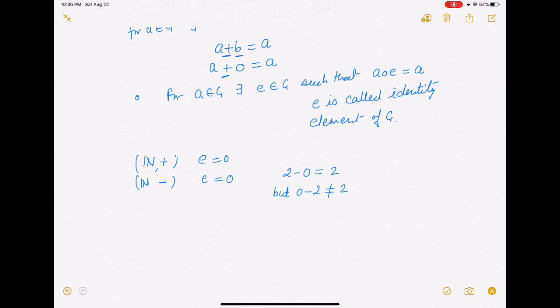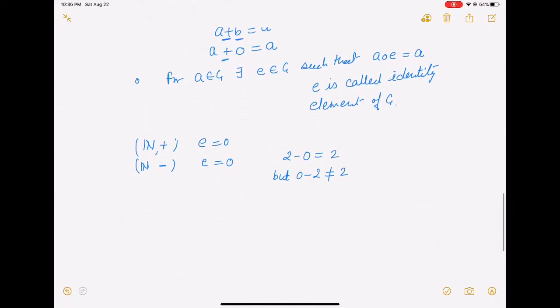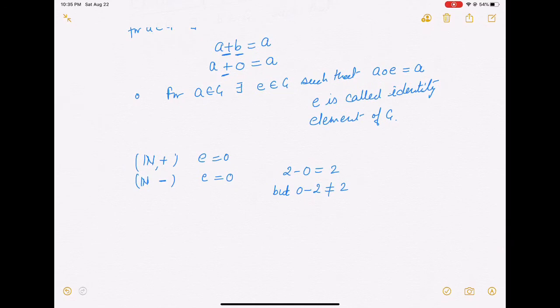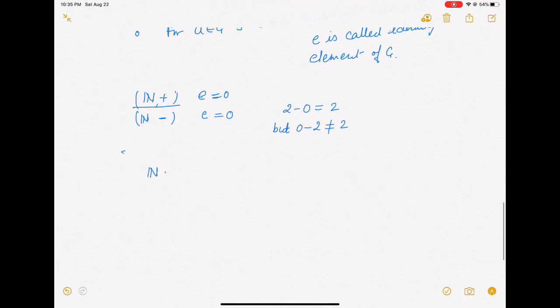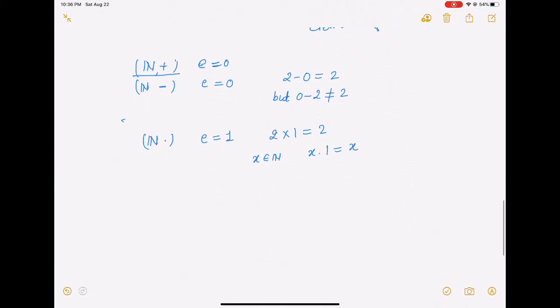This is also a matter of fact that we have to consider only one left-sided operation or the right-sided operation. In case of multiplication, the identity element E is 1, because if we multiply 2 by 1, then we again get 2. Any element x belonging to N, when multiplied by 1, gives you x. So in case of multiplication, 1 is the identity element.